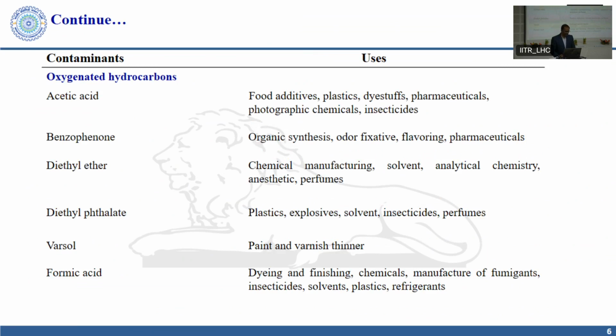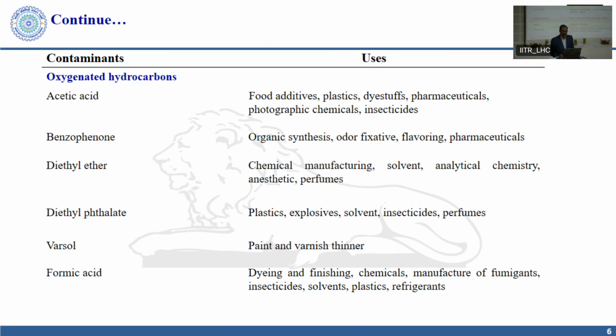In this, acetic acid is used in food additives, plastic, dyestuff, pharmaceuticals, photographic chemicals, insecticide. Benzophenone is used in organic synthesis, odor, flavoring, pharmaceuticals. Diethyl ether is used as an anesthetic and in perfumes also.